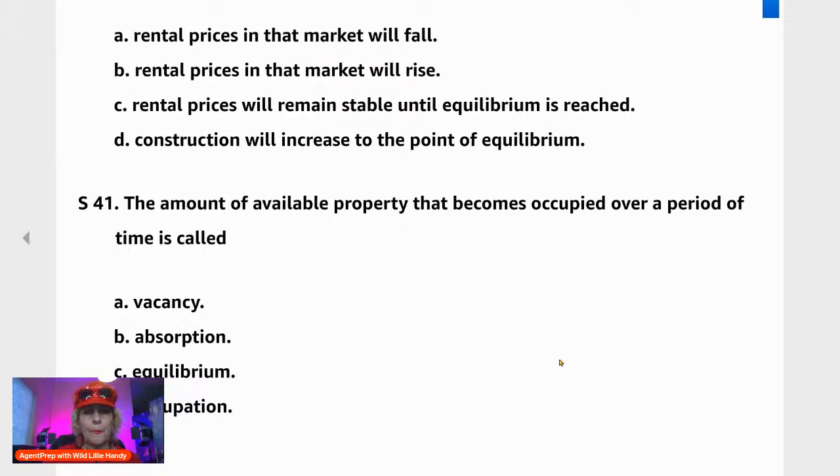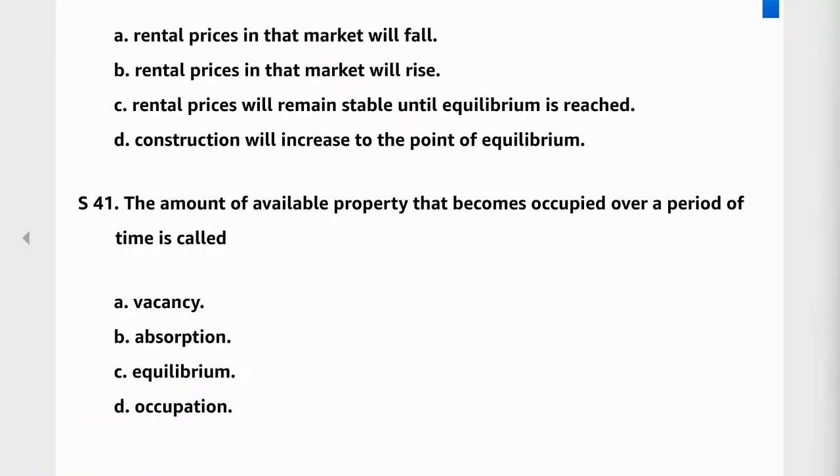Number 41. The amount of available property that becomes occupied over a period of time is called: A, vacancy; B, absorption; C, equilibrium; or D, occupation.